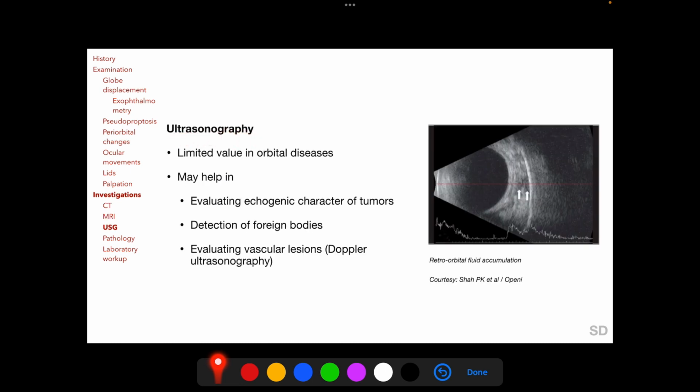Ultrasonography has limited value in orbital diseases but may help in evaluating echogenic character of tumors, detection of foreign bodies in the orbit, or evaluating vascular lesions with Doppler technique. So in this situation we can see fluid accumulation in the orbit following inflammation.